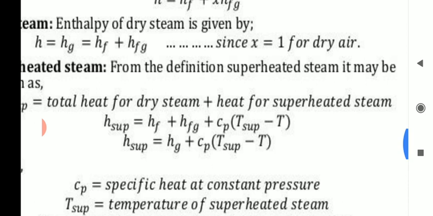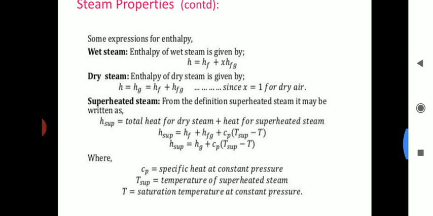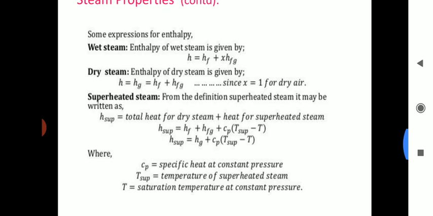So the enthalpy of superheated steam is H superheat equal to Hf plus Hfg plus Cp into bracket T superheat minus T saturation, or equivalently Hg plus Cp into bracket T superheat minus Ts. So this is about the enthalpy of the different types of steam.